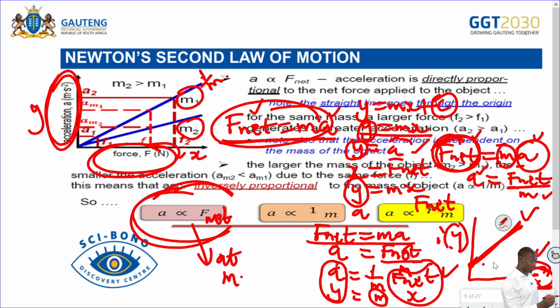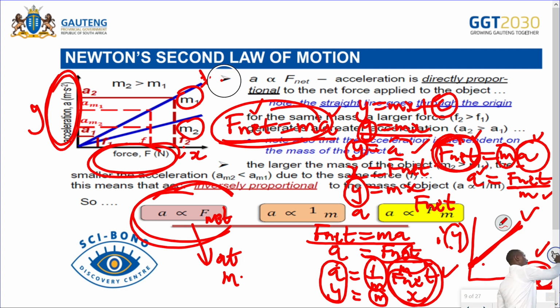So for me to have F net as my x, I have to say a equals 1 over m times F net. Because 1 over m times F net is still F net over m. So my gradient will be the inverse of the mass of that object, okay? Then my x will be F net.